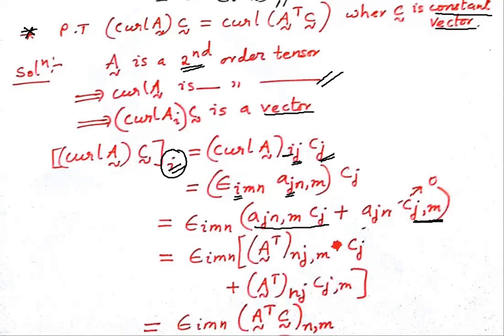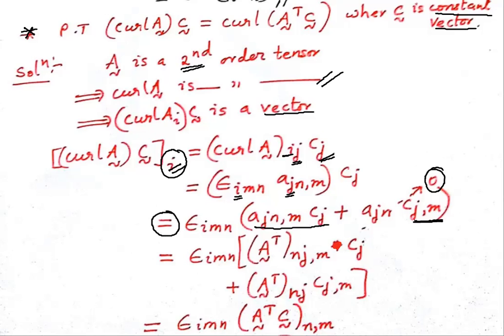And what is our C? C is a constant vector. So, Cj comma m means differentiation with respect to xm. Differentiation of a constant with respect to xm is anyway 0, so 0 into A jn is again a 0. I'm just adding a 0 to this. Therefore, these two are equal.